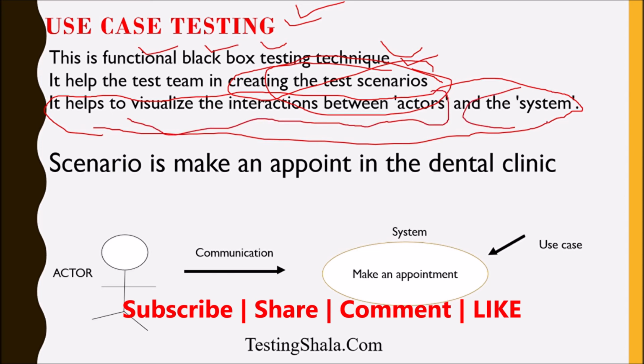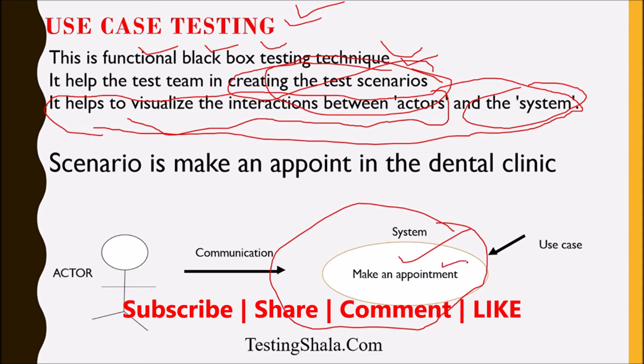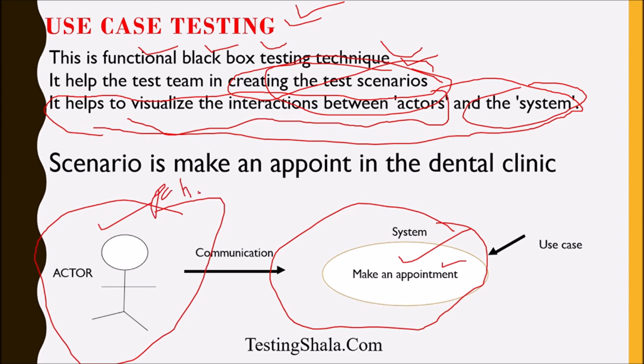Let's say we are going to develop a system which can help you to take an appointment. This is for a dental clinic. Let's say we have developed appointment software that helps to take an appointment. Here, who is going to take an appointment? The actor here is a patient, an external actor, right?